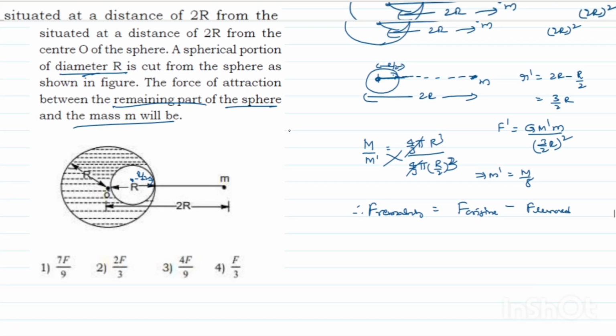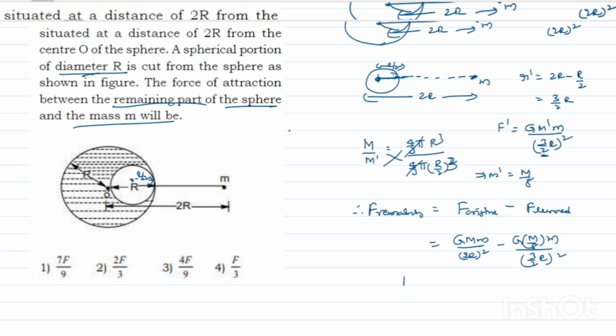So when you are simplifying this one, this is G capital M into small m by, initial separation 2r, (2r) whole square, minus G into m dash, which becomes m by 8 into small m by (3 by 2) whole square, in the sense 3 by 2 whole square you can take.